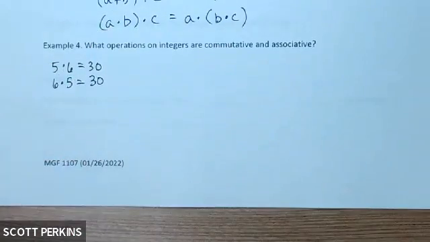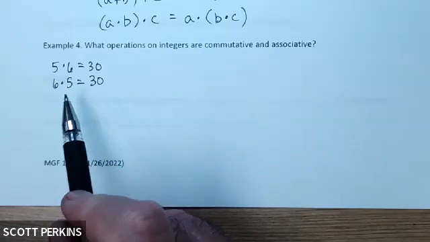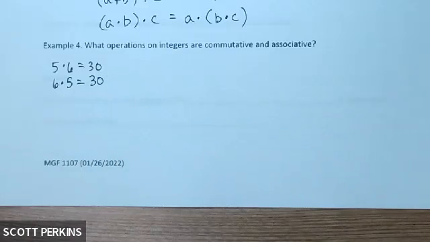So in case you're confused about what I'm asking you to do, I've just done this for 5 and 6 for multiplication. I'm going to pick 2 different numbers and do it for addition.